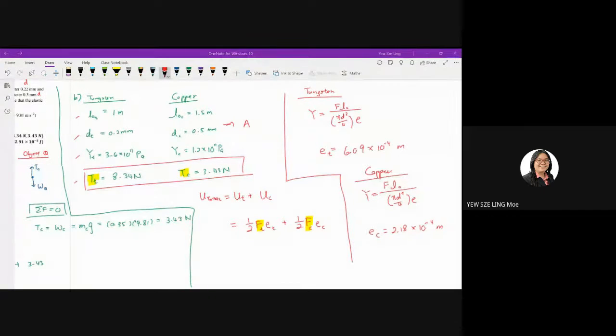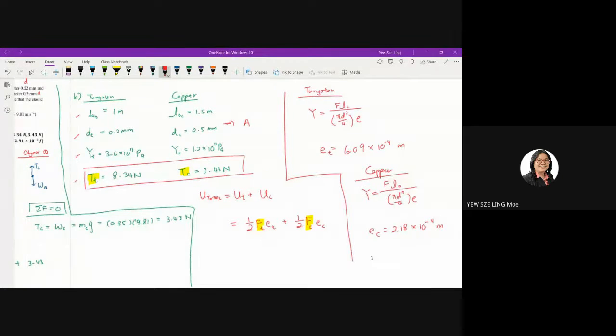So that is how you calculate the elongation. Now that you have the elongation and also the tension, you can proceed to solving the question.